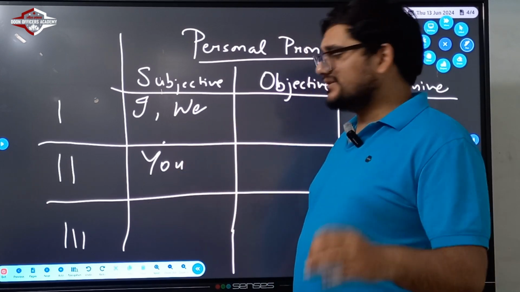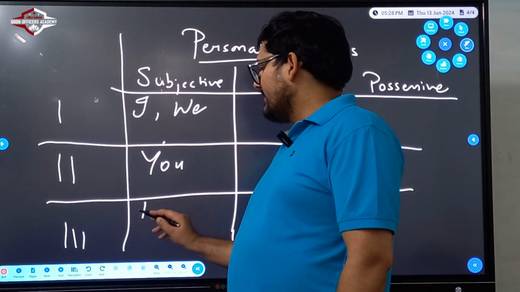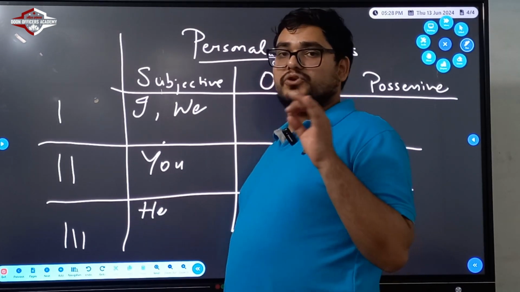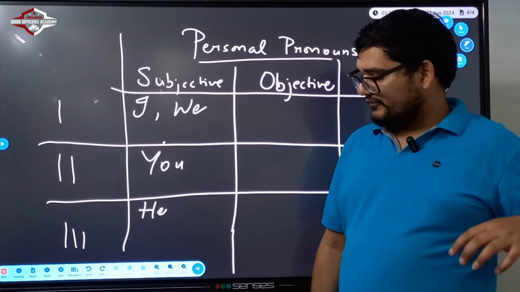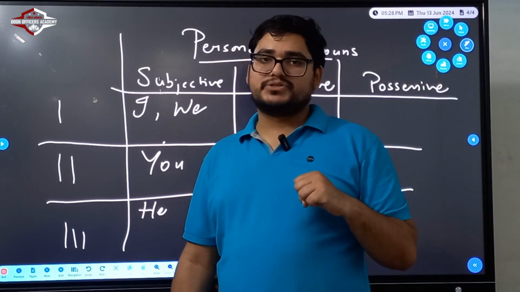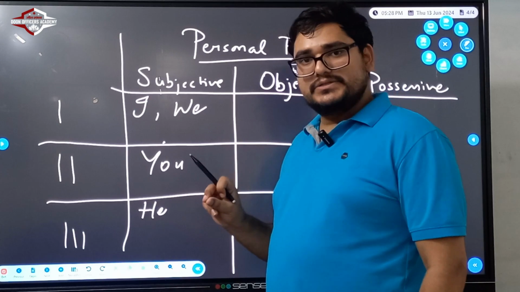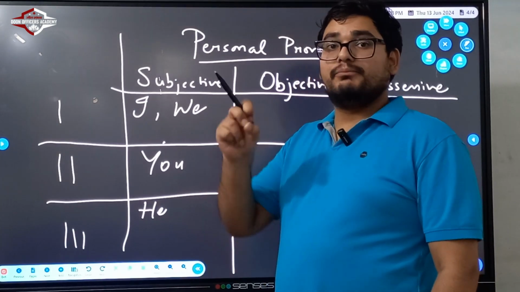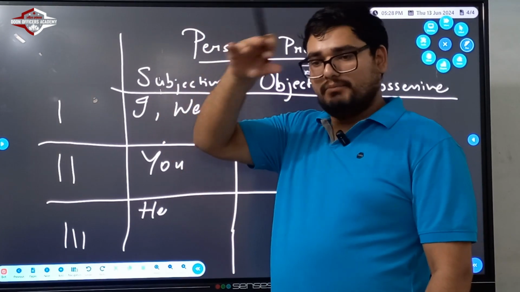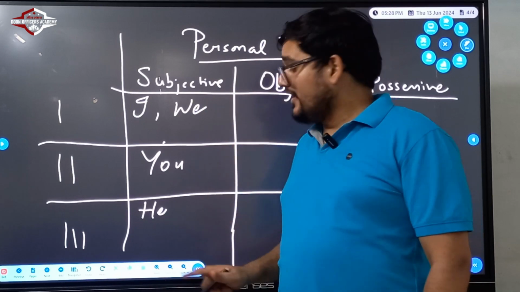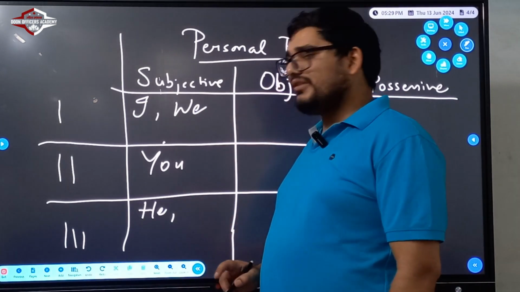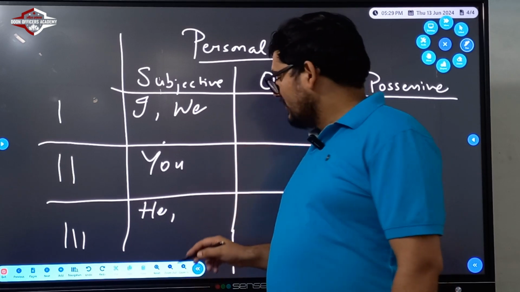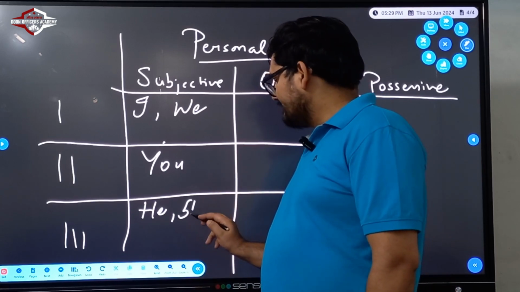Then let's talk about the third person pronoun. So here we have the concept of masculinity and femininity. So we have masculine pronouns and we have feminine pronouns as well. For males, to show masculine characteristics, we use the masculine pronoun, that is he. For females, we use she.